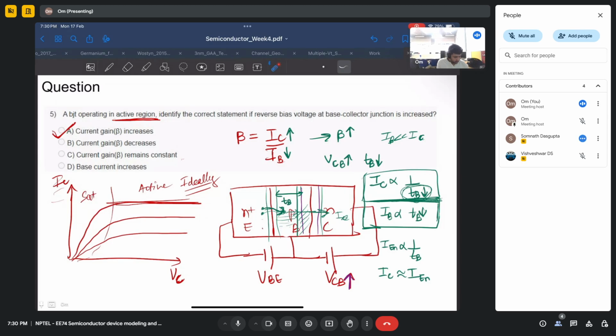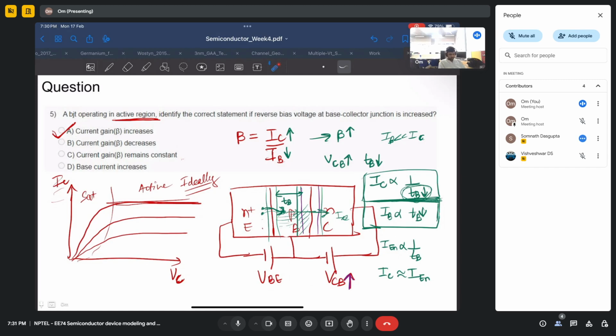If we increase VBE, then the amount of IE will also increase, and if IE increases, the amount of electrons entering the base region is more, which can also make the recombination larger. So it depends upon the amount of VBE increase.